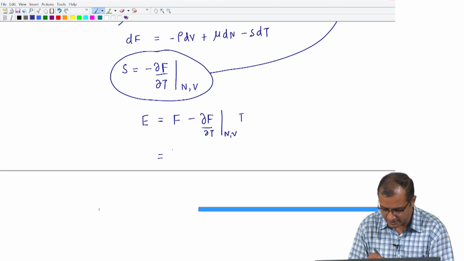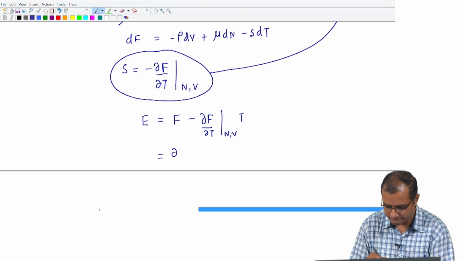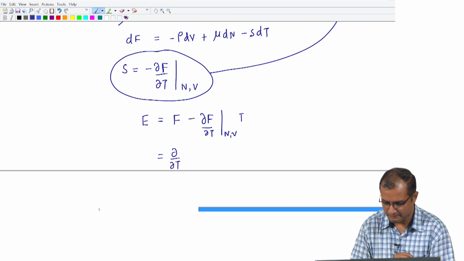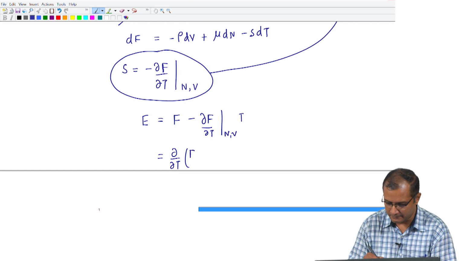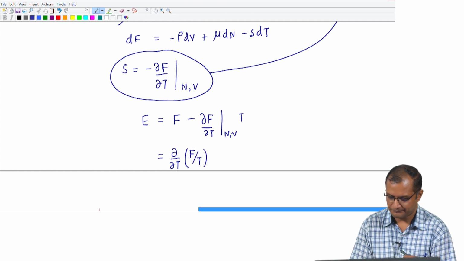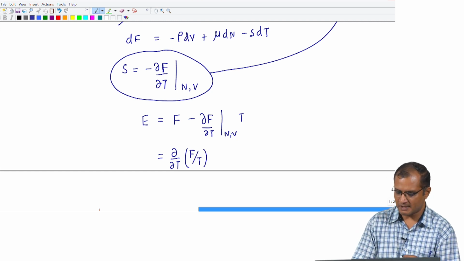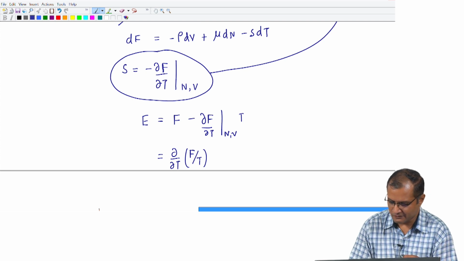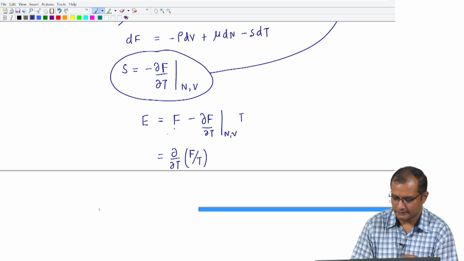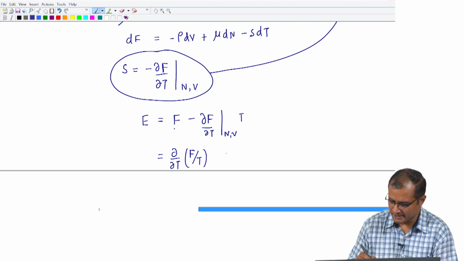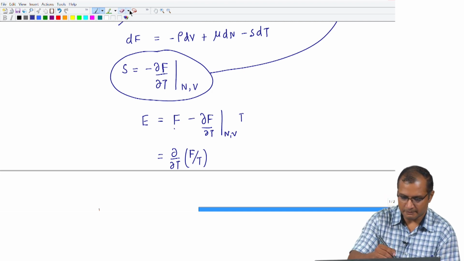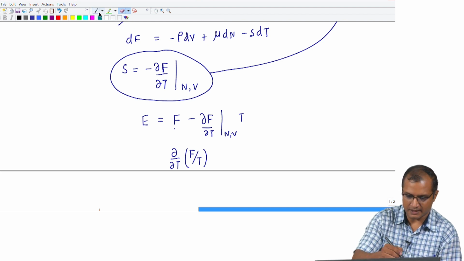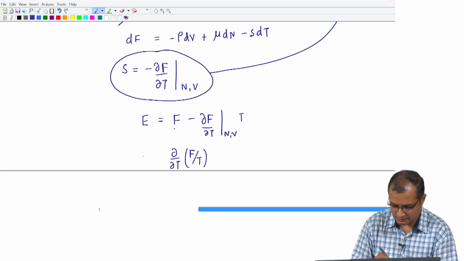If I take a temperature derivative of F over T, so I get the first term as minus 1 by T square into F, but I want an F. So, what I do is basically I multiply this entire thing with minus T square.